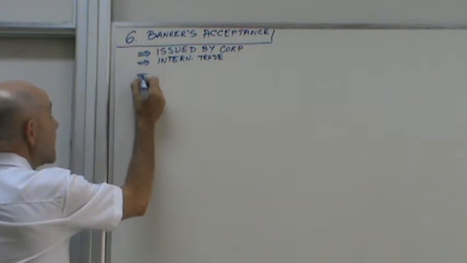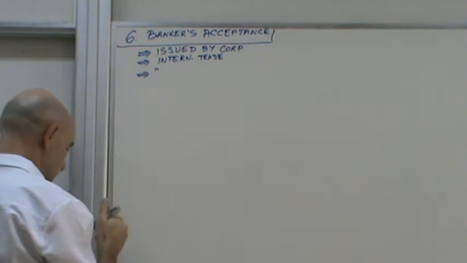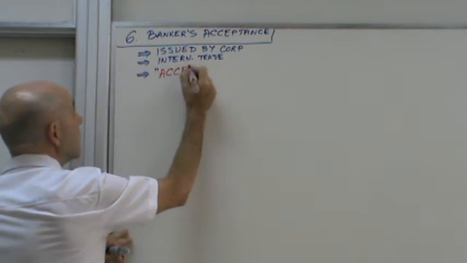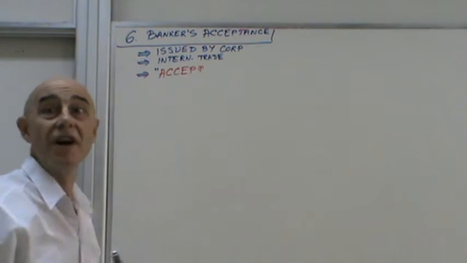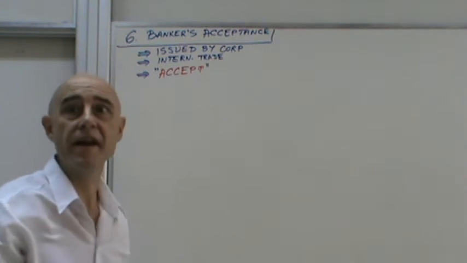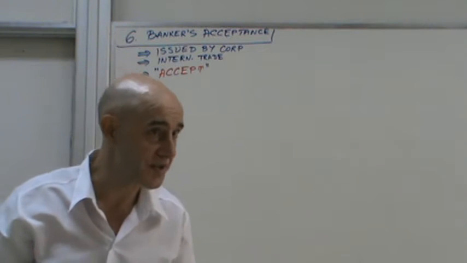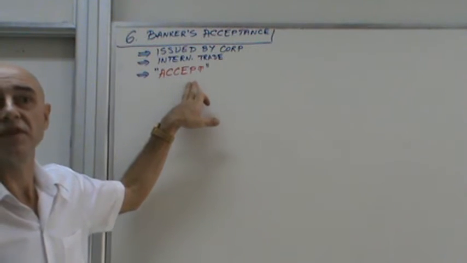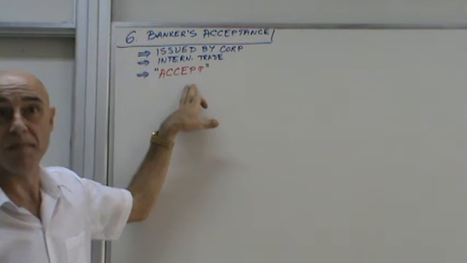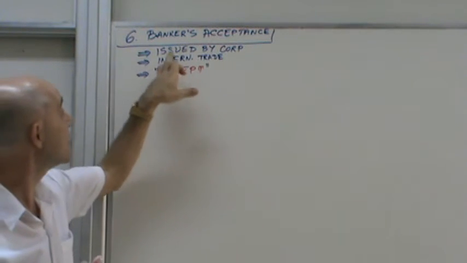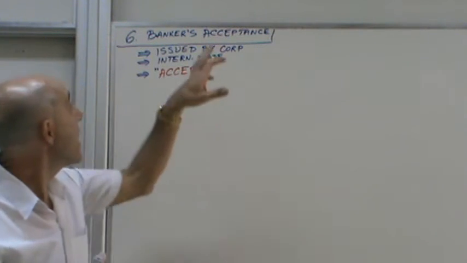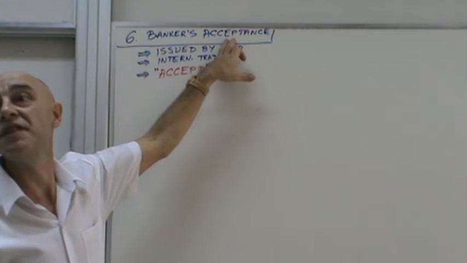And now the second part. To accept, a bank to accept means to, again, assume responsibility in case of default. So, the acceptance part means that the banker's acceptance actually is issued by the corporation first time, so the corporation promises to pay, and the bank guarantees.